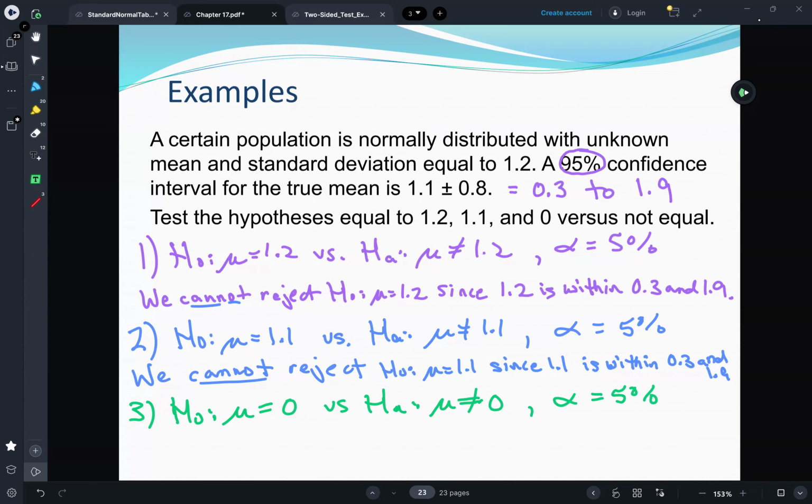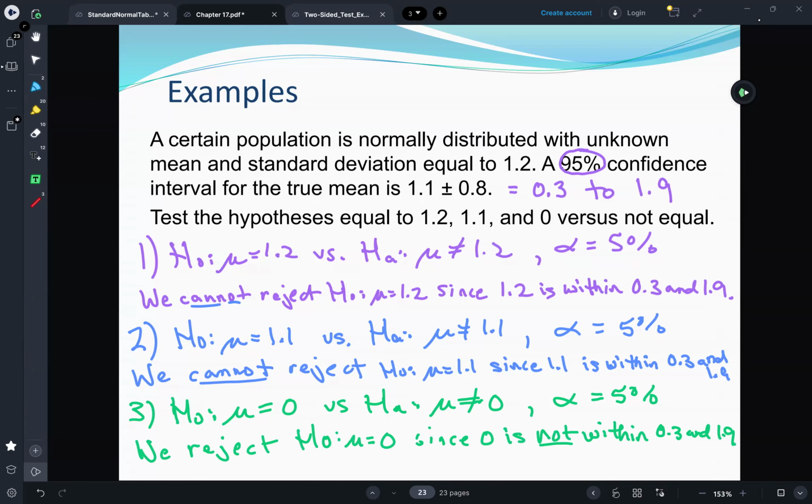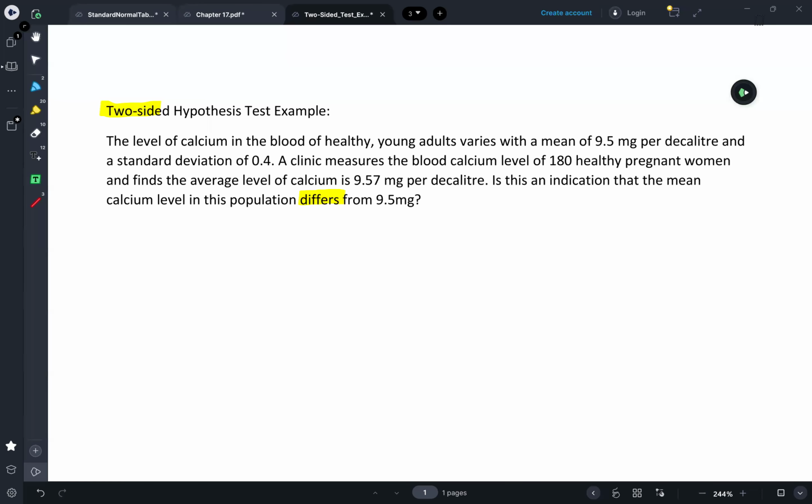Out. Good. So we reject the null hypothesis that mu equals 0 since 0 is not within 0.3 and 1.9. And the test result in this case 3, when we're testing 0, would be considered statistically significant at the 5% level.